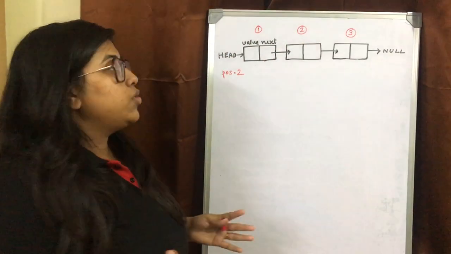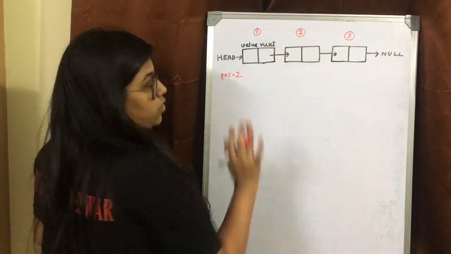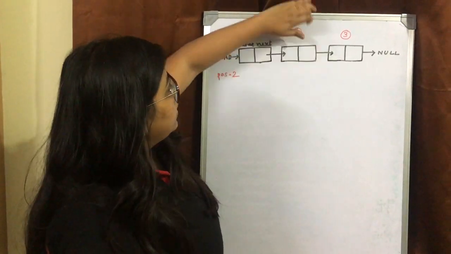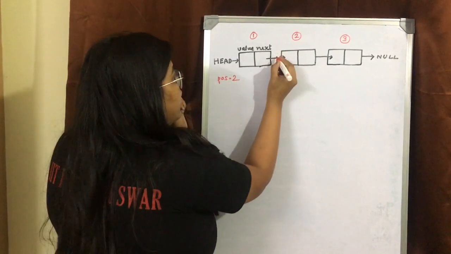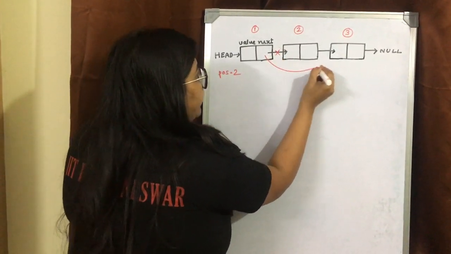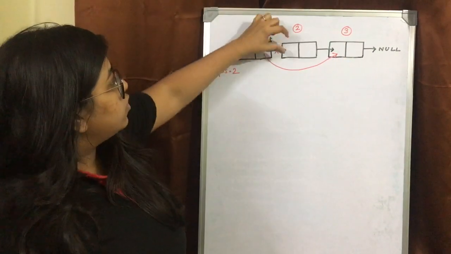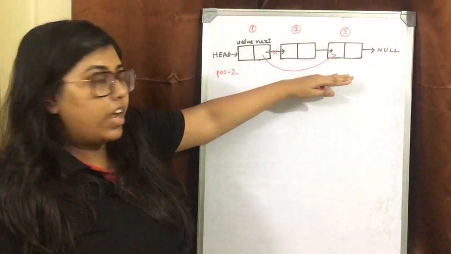If we check visually what to do to delete this node: if this node is not supposed to exist, we can simply take the previous node, and this previous node can just point to the node after it, so this node doesn't exist in the linked list anymore and our job is done.